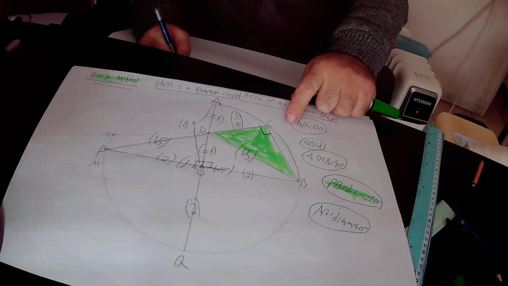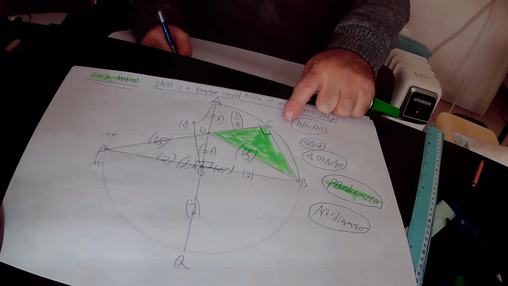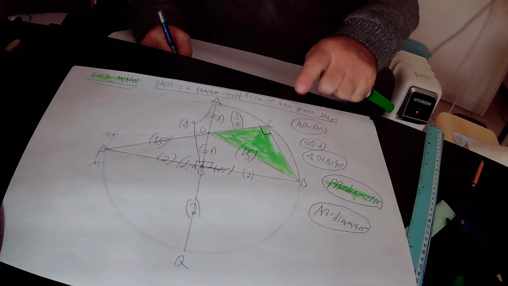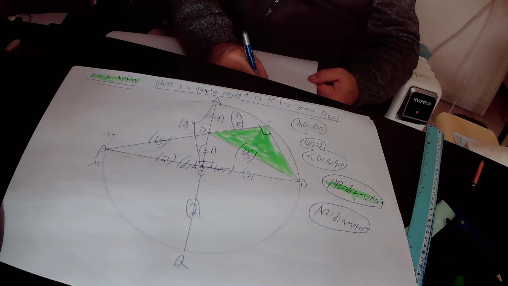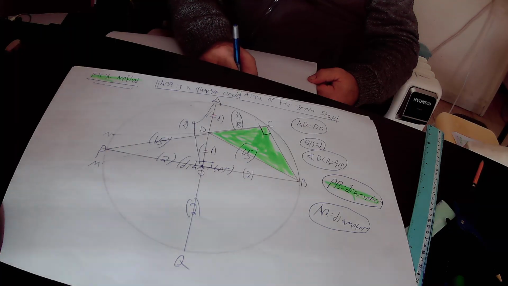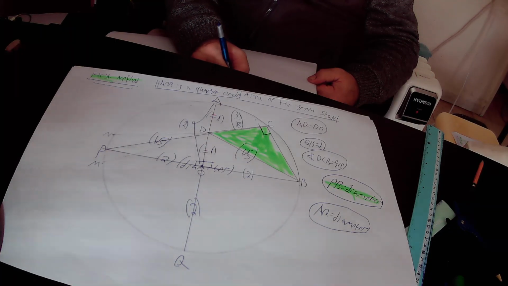In the next step, we will implement the Pythagoras theorem on this triangle DCB. Here PT is the abbreviation for Pythagoras theorem.